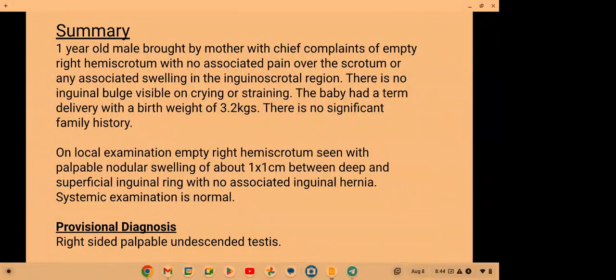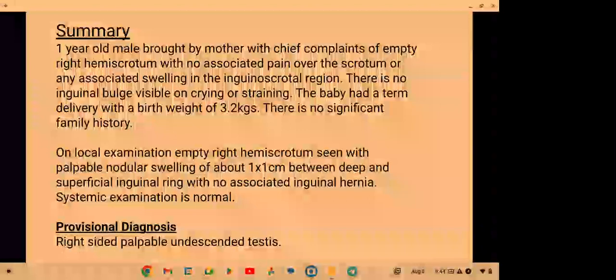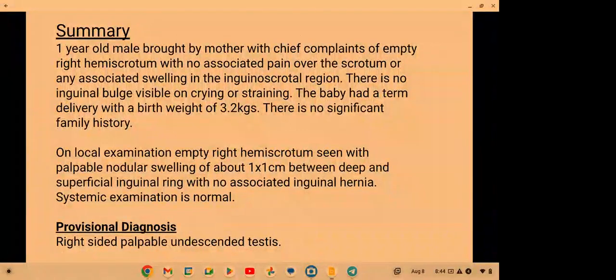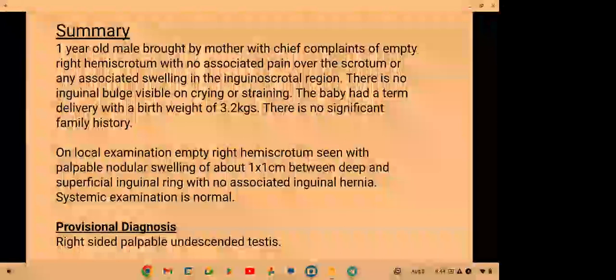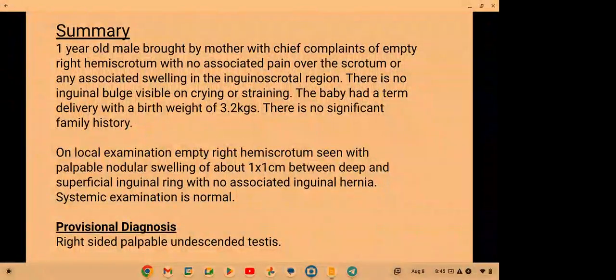What else can we do? We can do a two-stage orchidopexy also. No, ma'am. Whatever you do, you have done extensive dissection. Now you cannot do anything to these spermatic vessels. Any other maneuver? What is called the Prentice maneuver? Prentice.